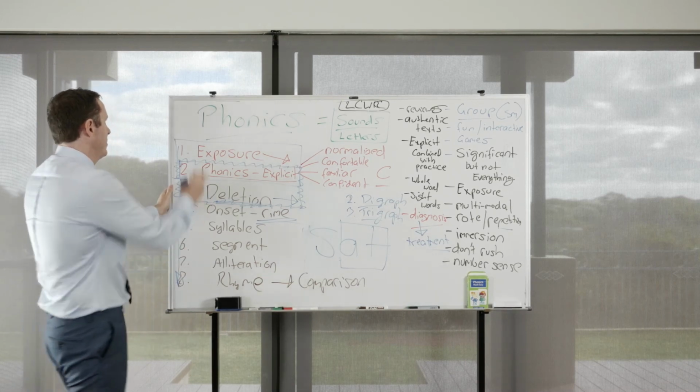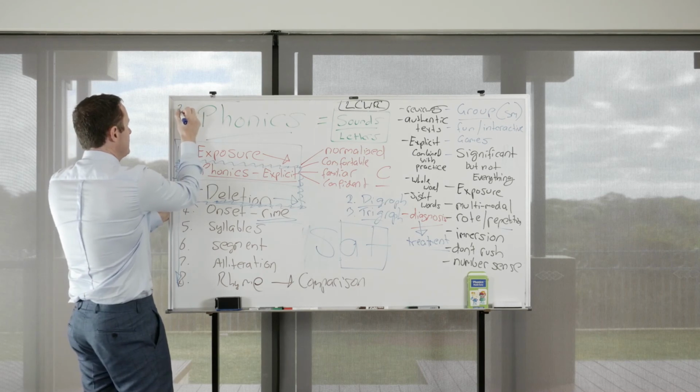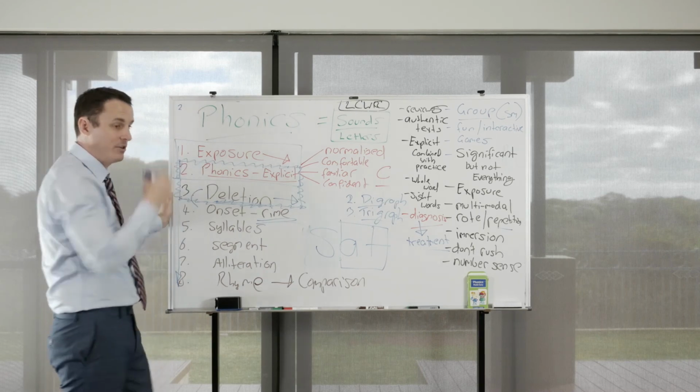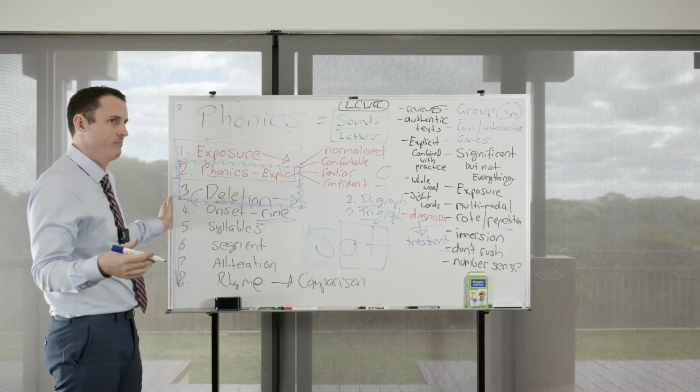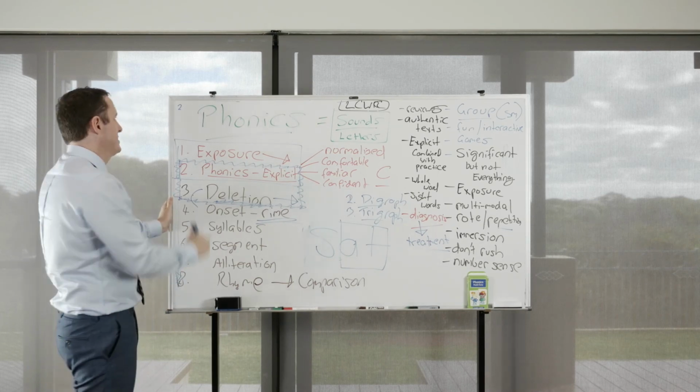And by the way, just as a little side note, there's a thing called high utility words or high use words. There's a few other terms that mean that same thing.